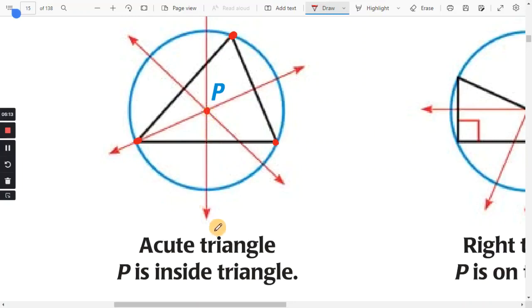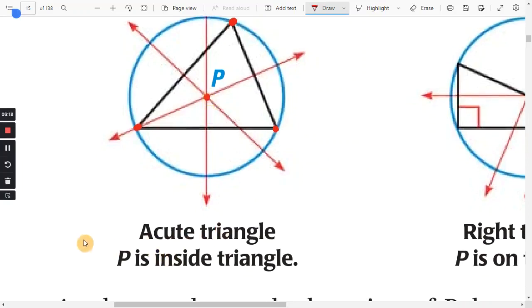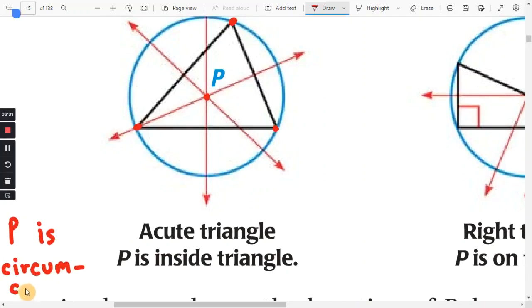This one is an acute triangle, and P is inside the triangle. In all of these examples, P is the circumcenter. That's where all the perpendicular bisectors meet.